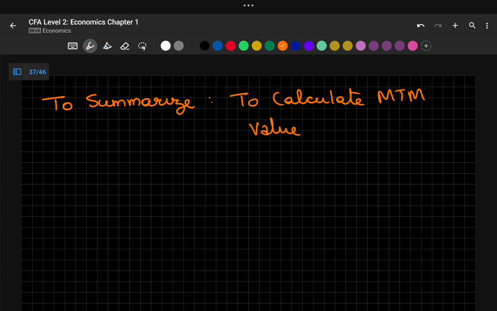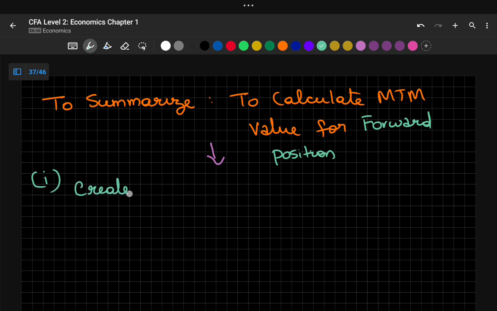The first step, if you have to calculate MTM value for a forward position, is to first enter an offsetting position, that is, create an offsetting position for the contract you want to calculate the MTM value for.